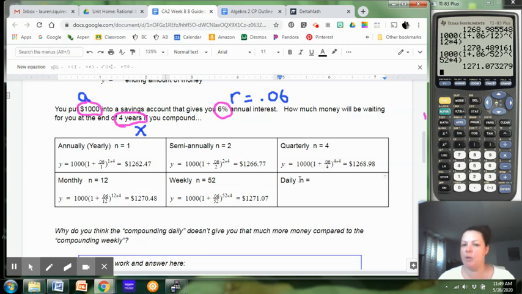The last one is daily. For this exercise, we're going to ignore the fact that there are leap years and that we sometimes get an extra day, and we're going to treat this as 365 days in the year. And we're just going to say it's going to be 365 all the time.